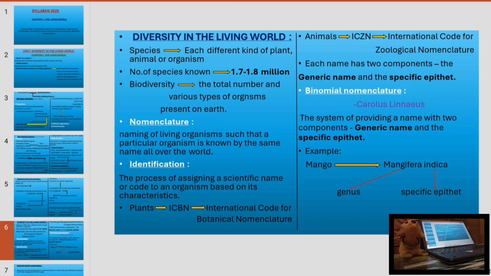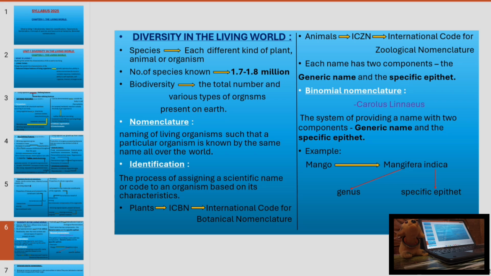Coming to nomenclature, it is giving names to the organisms. For plants, there is a special system of naming the organisms known as ICBN. This ICBN stands for International Code for Botanical Nomenclature, and it gives names to the plants all over the world.